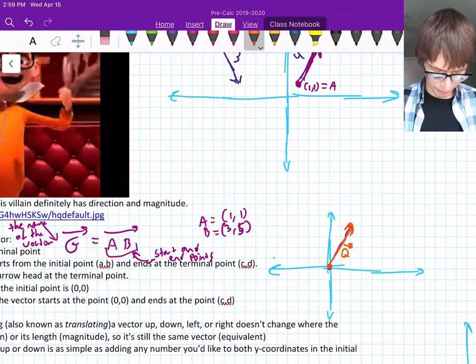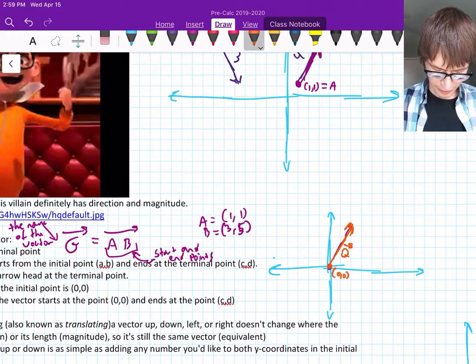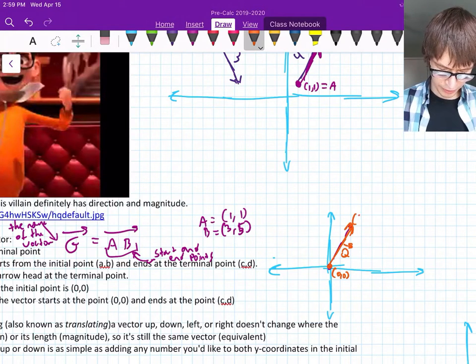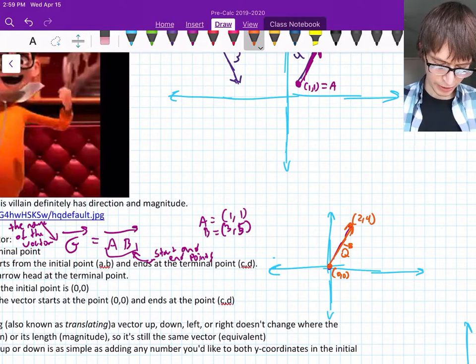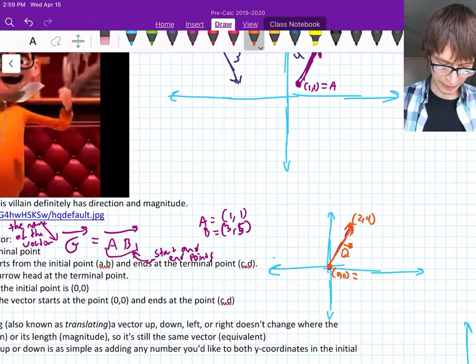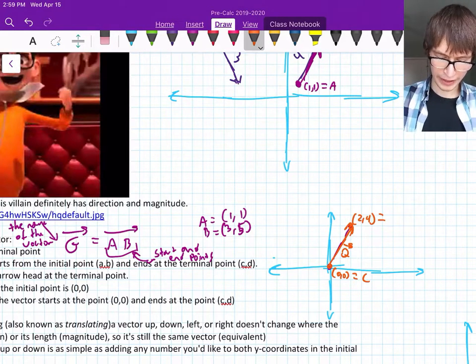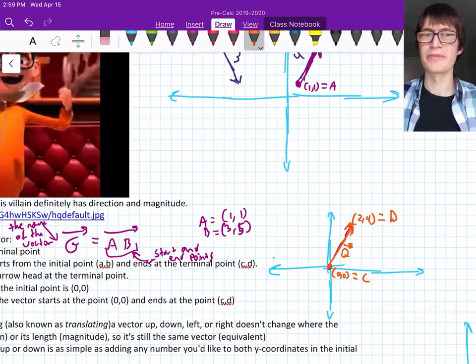So we've got one point, which is 0, 0, and we'll call another point 2, 4. And let's give some names to these points. Let's say point 0, 0 is point, I don't know, some random letter, how about C? And 2, 4, let's call that point D. It doesn't matter what letters I chose, I just chose some random letters.